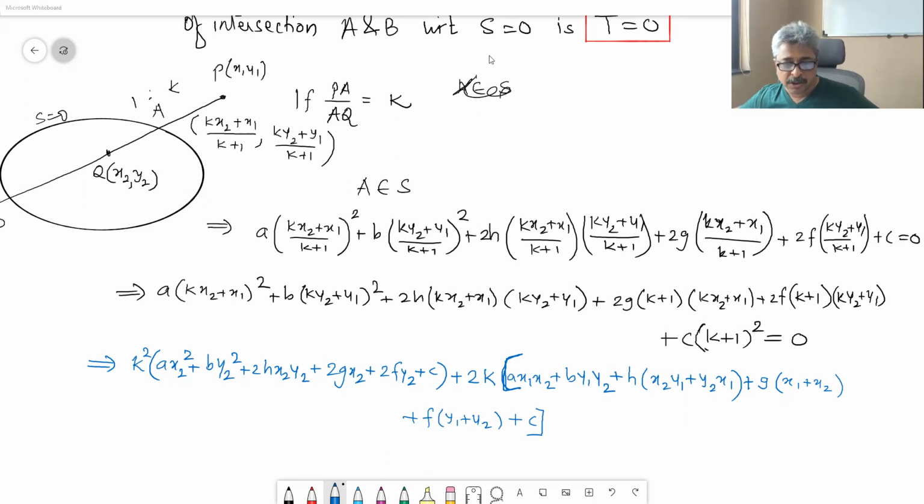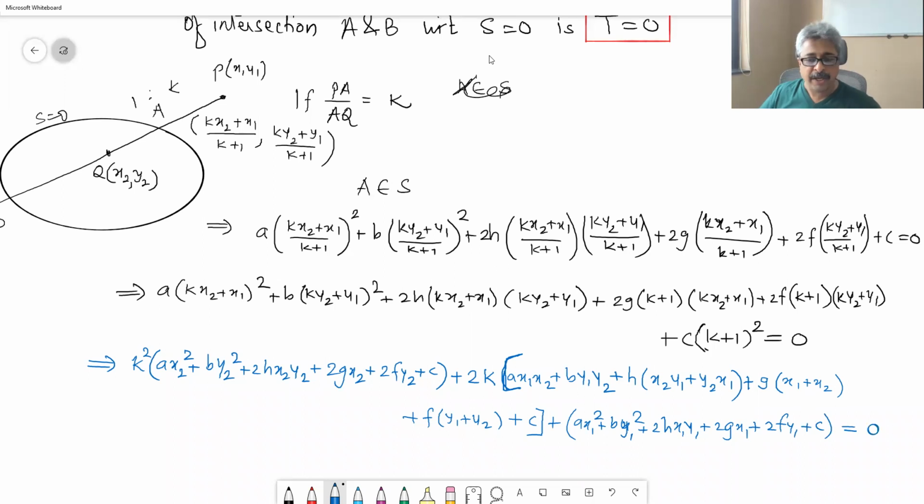And then what is the constant that is remaining? The constant term here is a x1 square plus b y1 square plus 2h x1 y1 plus 2g x1 plus 2f y1 plus c is equal to 0.